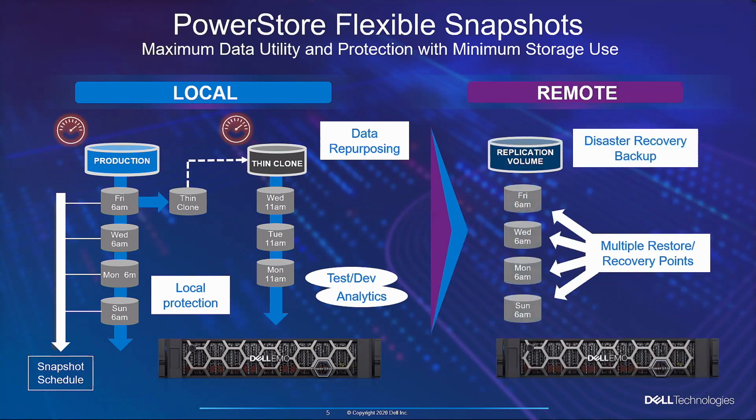From a remote protection standpoint, snapshots are used to replicate data from a source site to a remote site with, again, different point in times available for recovery, with the point in times being the different snapshots. As you can see, local and remote protection is enabled via our efficient snapshot implementation.